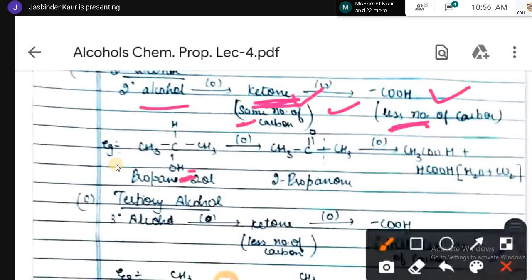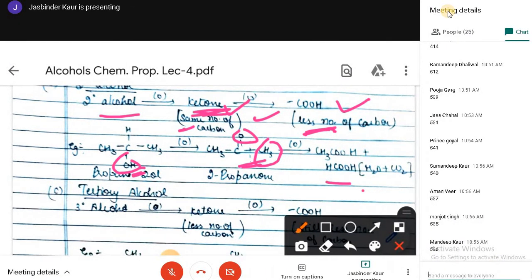Upon oxidation it gives CH3COCH3, meaning instead of OH, it has double bond O, it is a ketone, and upon further oxidation, one group is removed as formic acid, and further it is broken into carbonic acid plus water.